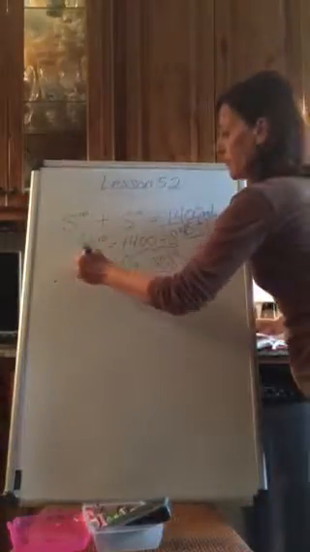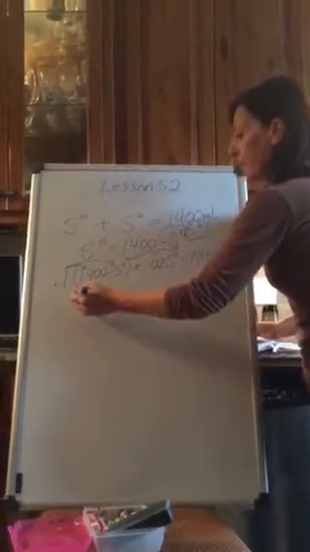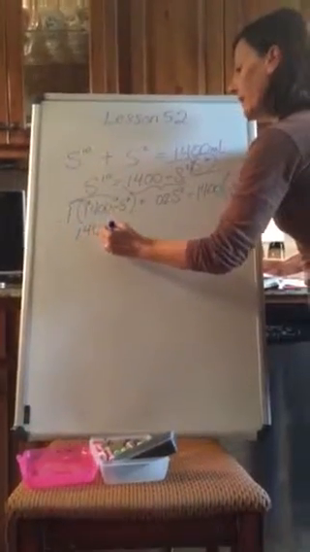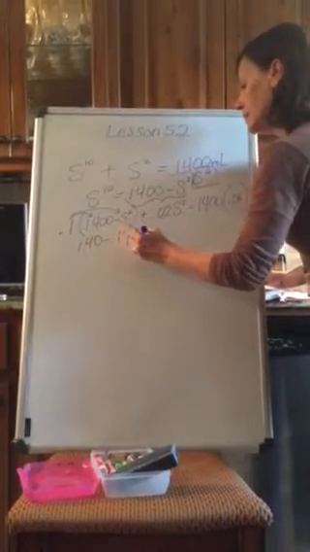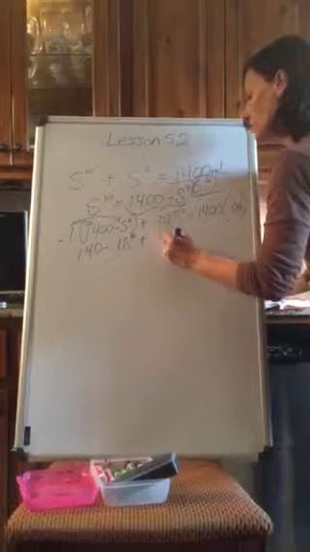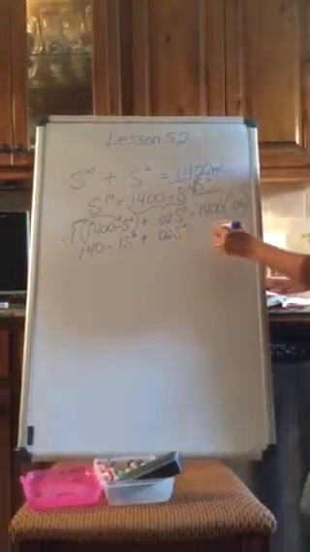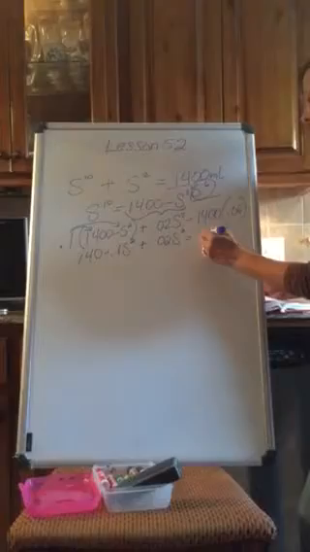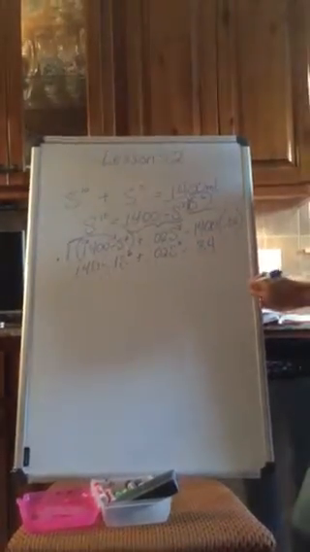All right, so distributing my 0.1, I have 140 minus 0.1 S2 plus 0.02 S2 equals, this is 84.